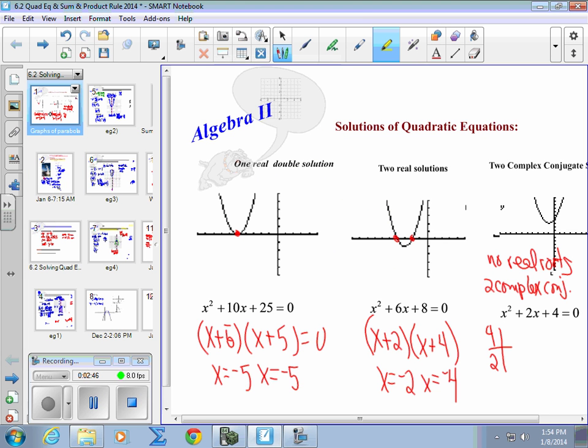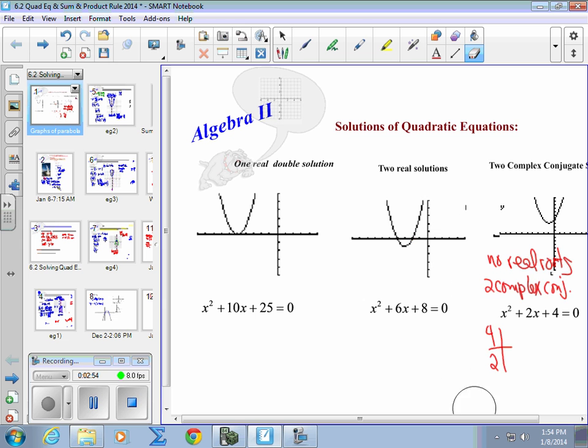I have up here our 3 choices of solutions. The first is a picture of a parabola that sits on the x-axis. When it sits on the x-axis, it has one real double root.